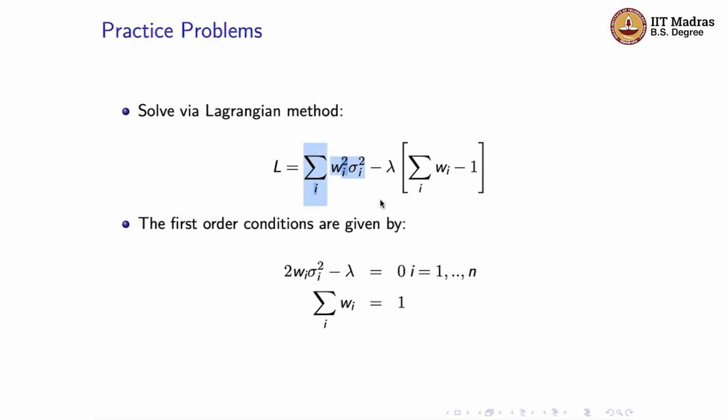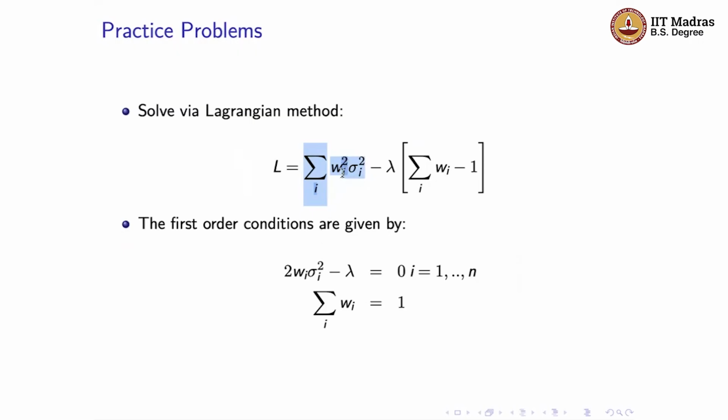If we go ahead and do those calculations, then we get that del by del Wi is equal to 0. Here the only place where Wi is going to come is in one term. For example, suppose we are taking the derivative with respect to W1. The only place where W1 comes is W1 squared sigma 1 squared, and it will not come in any other terms.